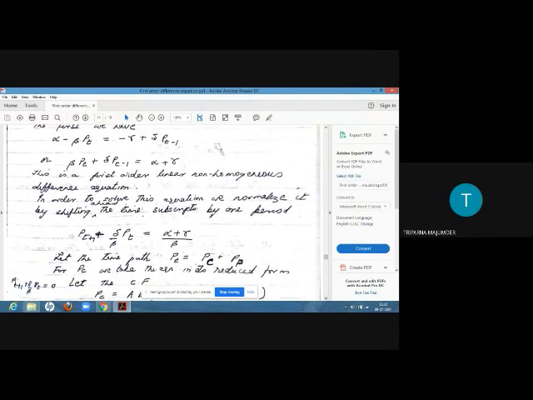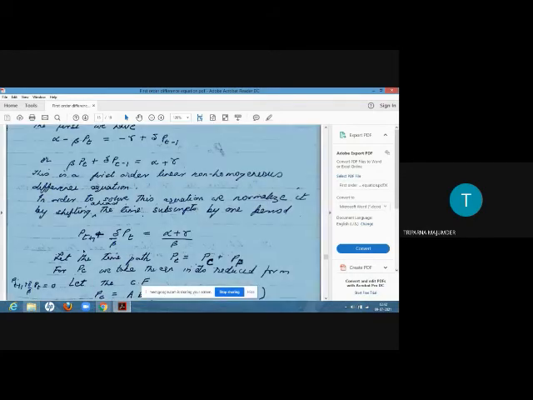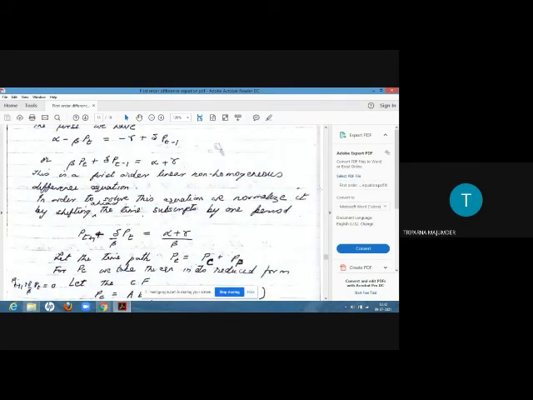That is P_{t+1} plus delta by beta P_t is equal to alpha plus gamma by beta. The P_{t+1} term should have no coefficient, so we have divided the entire equation by beta to get this equation.